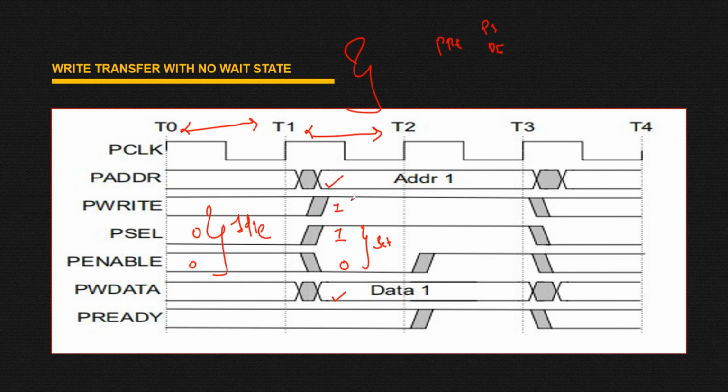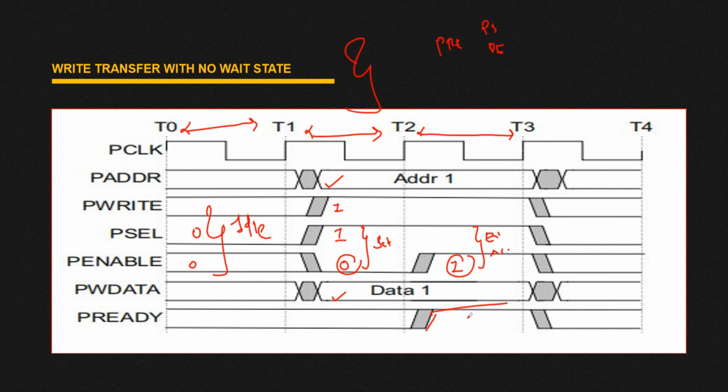Okay. Now on the next clock cycle, if you carefully observe, our PENABLE signal is high. In the previous cycle it's 0 and in the next cycle it's 1. That means we were in the setup phase, and on the next clock cycle we are moving from the setup phase to the access phase by asserting the PENABLE signal, and here you can see your PREADY signal is high.